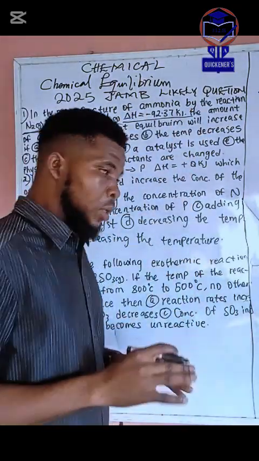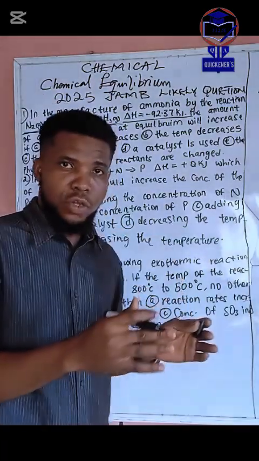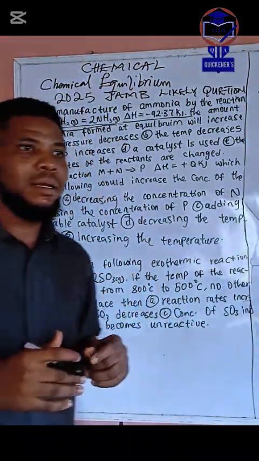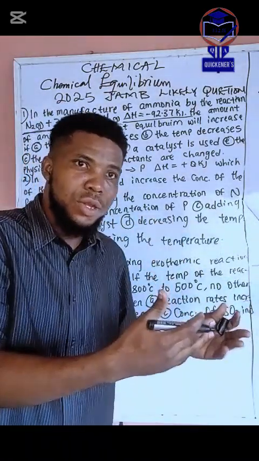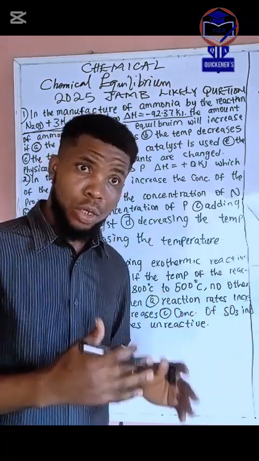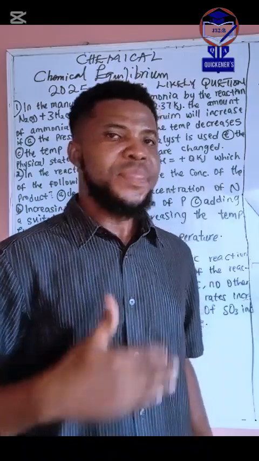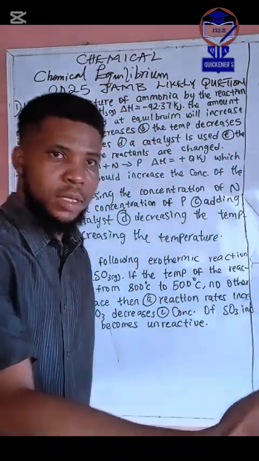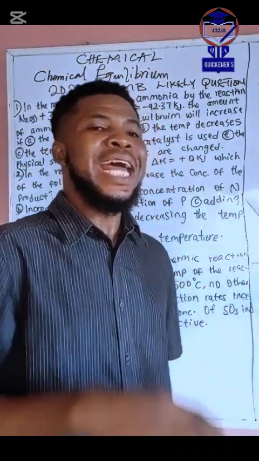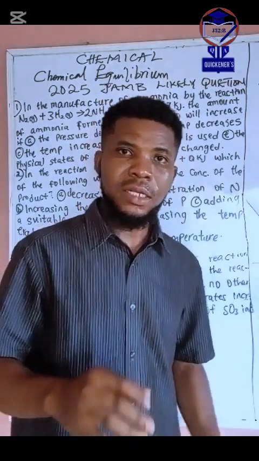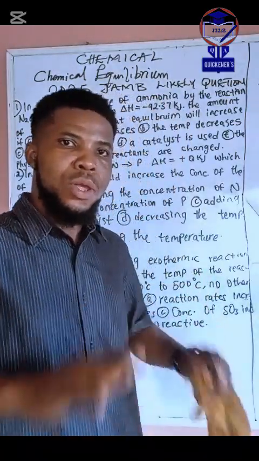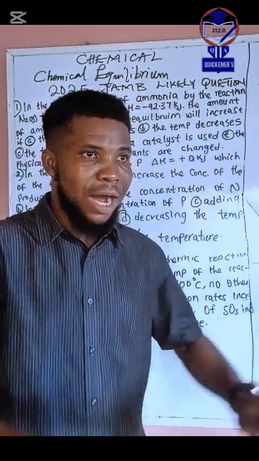So if heat is given up to the surroundings, it means that the reaction does not proceed with an increase in temperature. The condition that will favor the increase of the product for an exothermic reaction is when we cool down the environmental temperature.